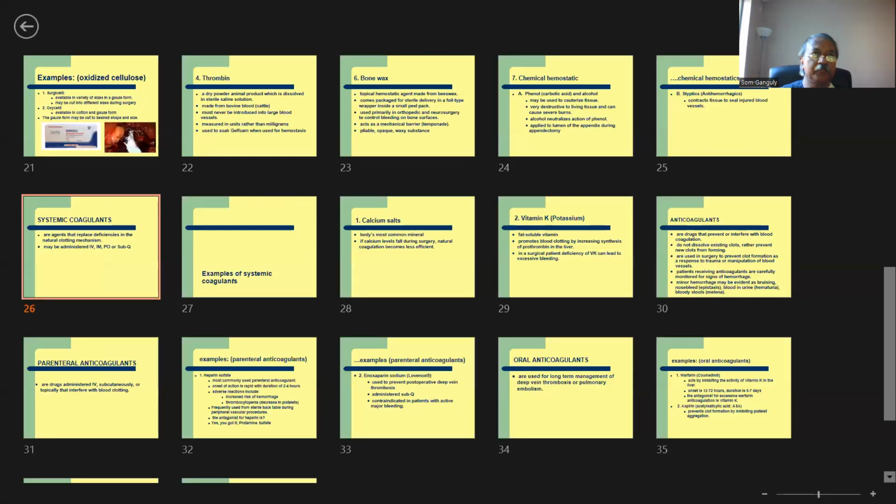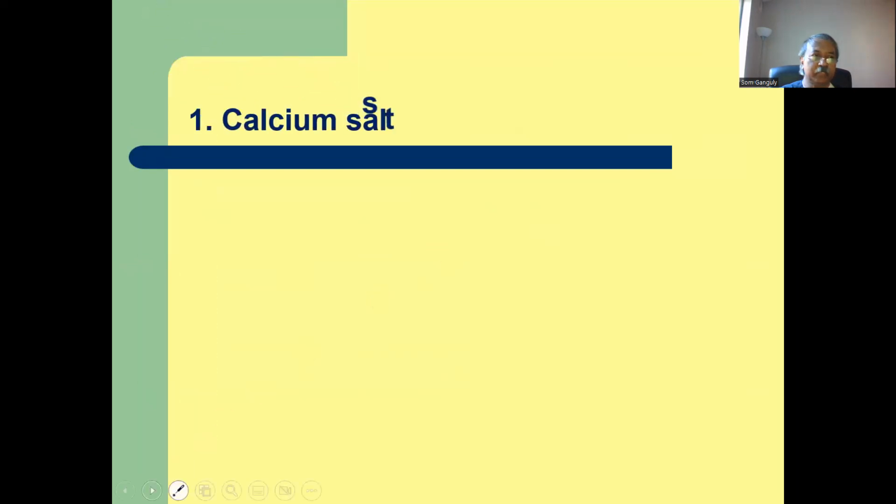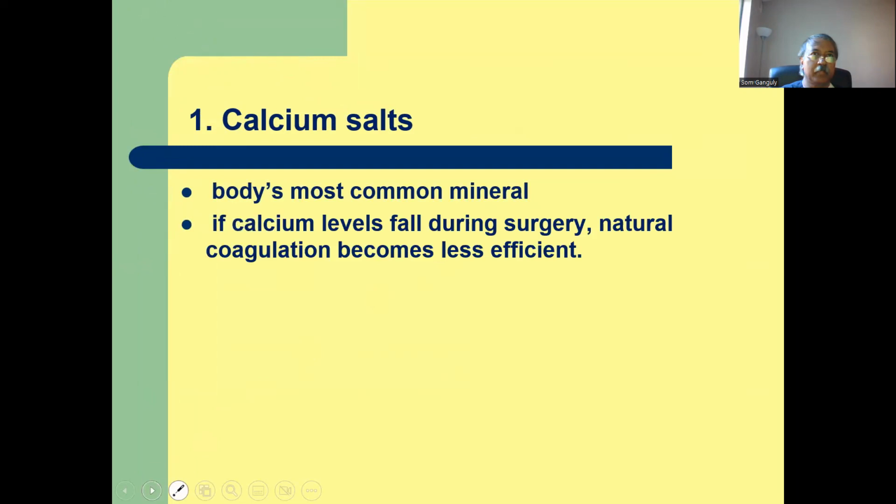You find many different such systemic coagulation methods. Calcium salt is a mineral that can be given during the surgery through IV.